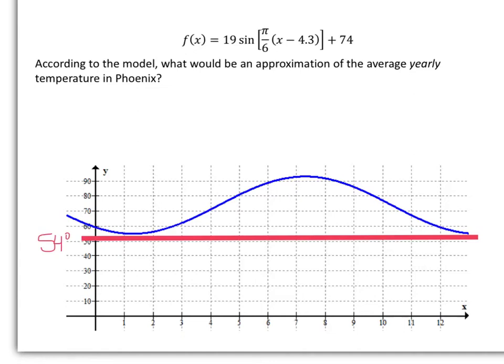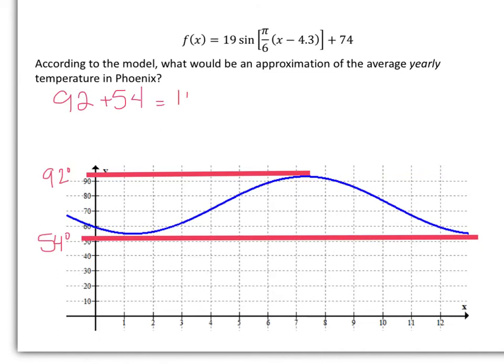And I'll plot the maximum value, which will be up here, at about 92 degrees. And we can take the average of this. If I'm taking the average, I just add 92 and 54.